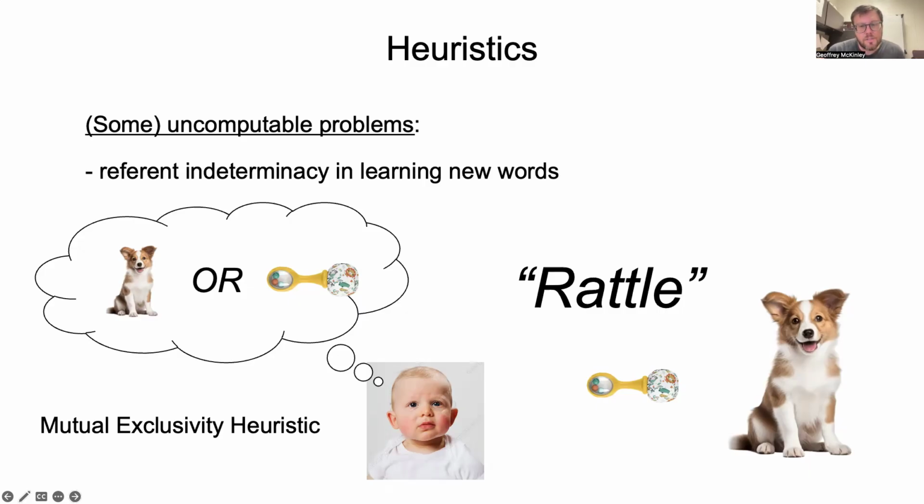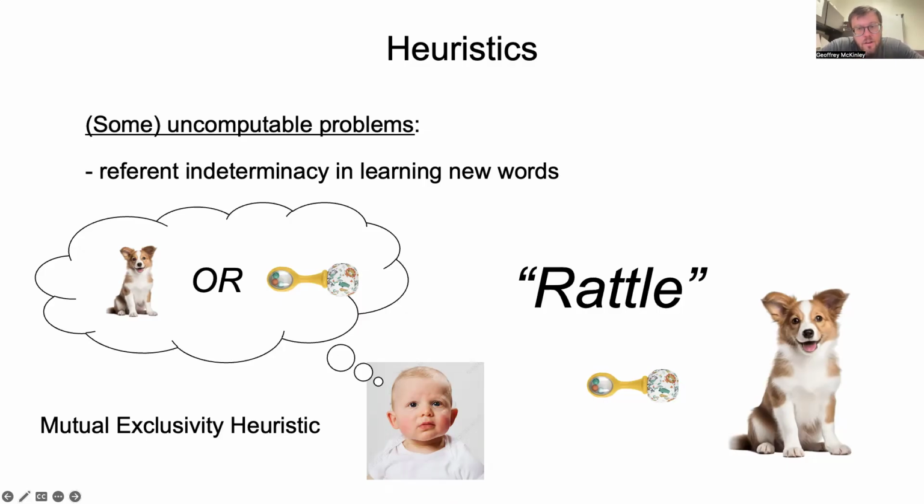This is a cognitive strategy that helps learners resolve this ambiguity by assuming that each object typically only has one label. So if a learner already knows the word for one object in a scene, like dog, they will assume that the novel word, like rattle, refers to an unfamiliar object rather than assigning multiple labels to the same known object.